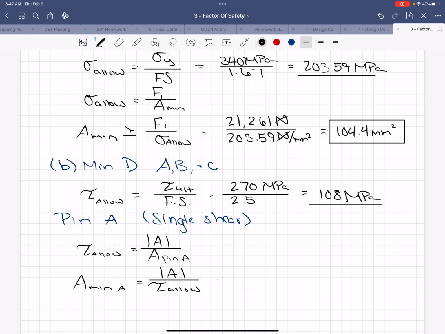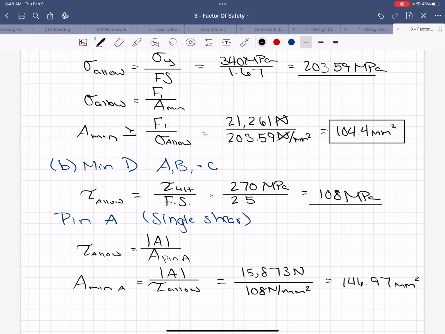So that is 15,873 newtons all over 108 newtons per millimeter squared. And the minimum area is 146.97 millimeters squared. They want the diameter, but we could just move on. Well, let's just calculate the diameter.